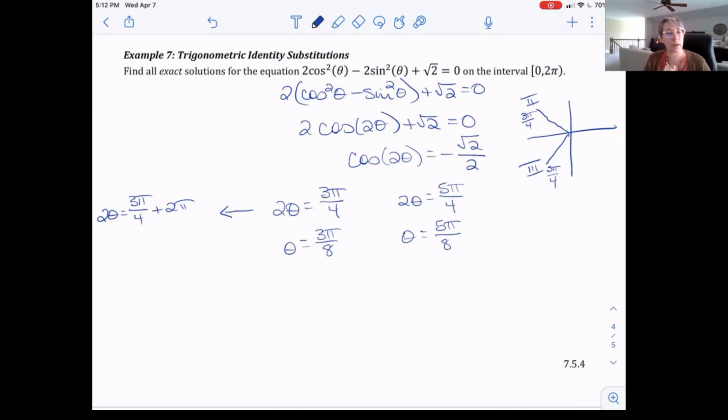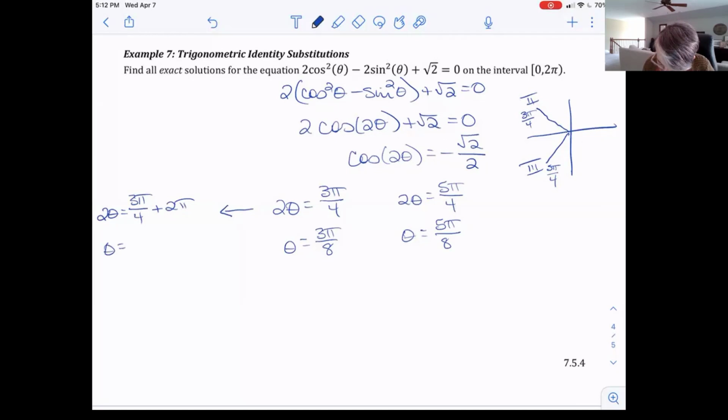So 3 pi divided by 4 plus 2 pi, divide everything by 2. We get 3 pi divided by 8 plus pi. And that pi is the same thing as 8 over 8. So that gives us 11 pi over 8. That is still less than 2 pi. It's less than 16 pi over 8. So that is a third angle that works.